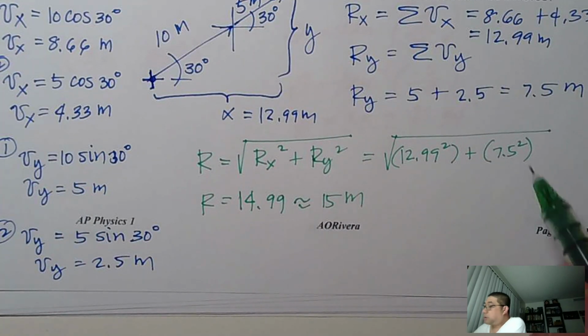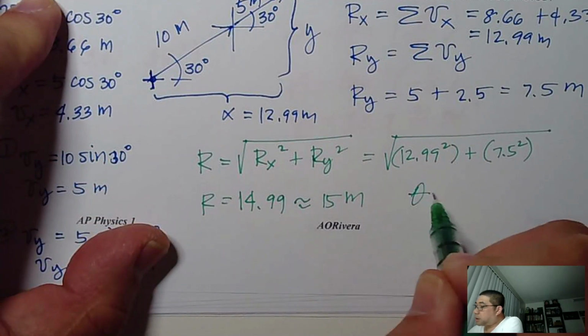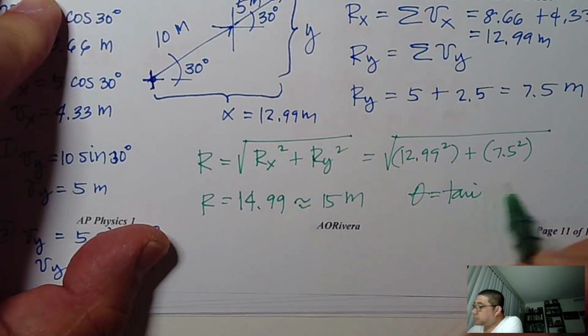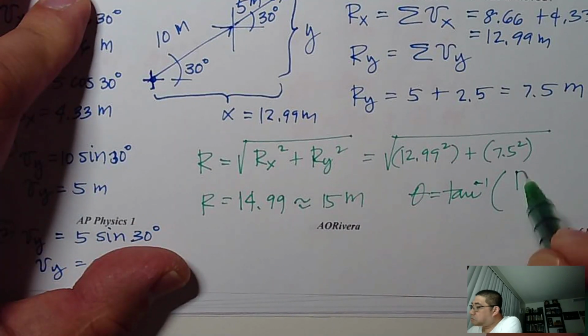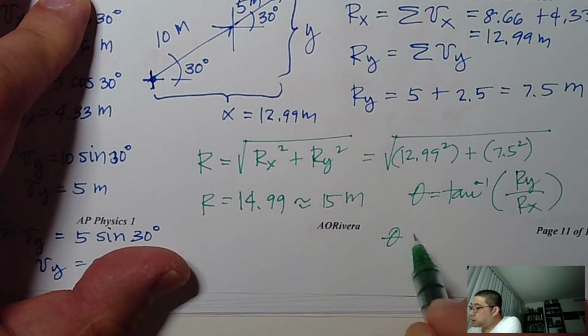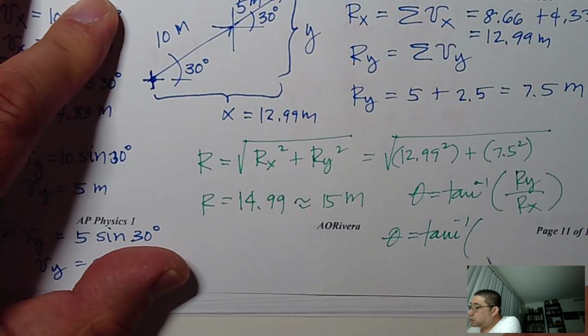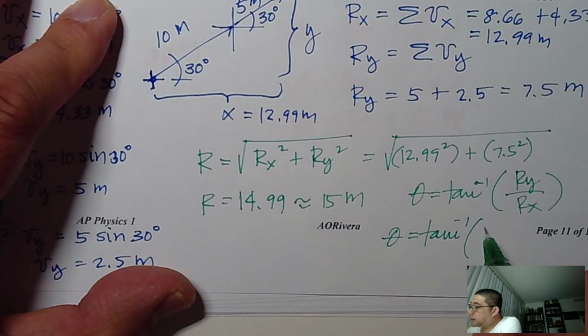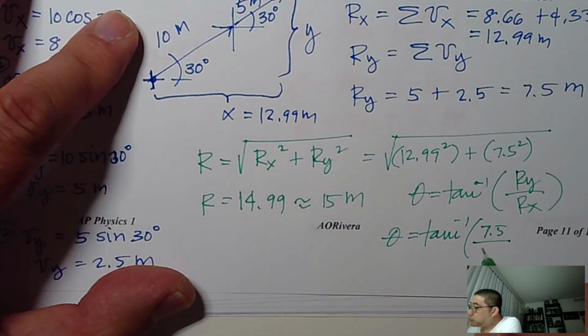Now if you want to figure out the direction, which is your tangent, let's figure out arctangent to the -1 of ry over rx. What's ry? That is 7.5 divided by 12.99.